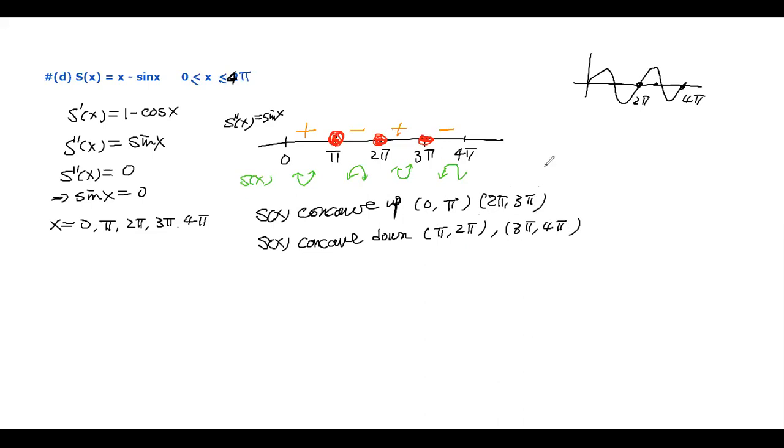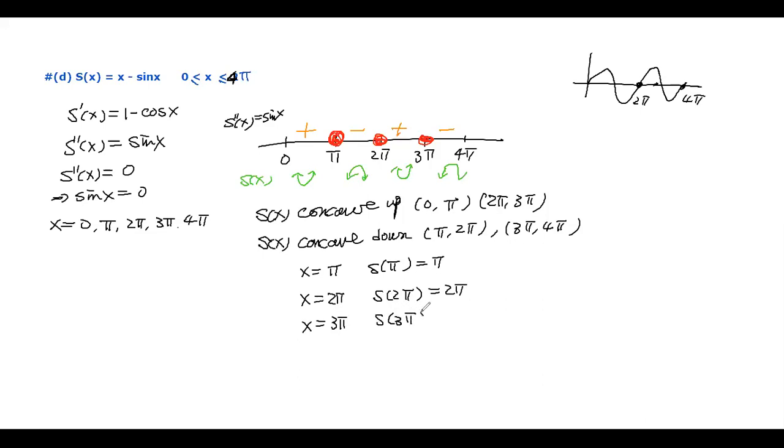Okay, so that's good. Then my inflection points will be x equal to pi, right? So s of pi is equal to pi. Then x equal to 2 pi is another inflection point, so s of 2 pi is equal to 2 pi, and x equal to 3 pi is another inflection point, right?